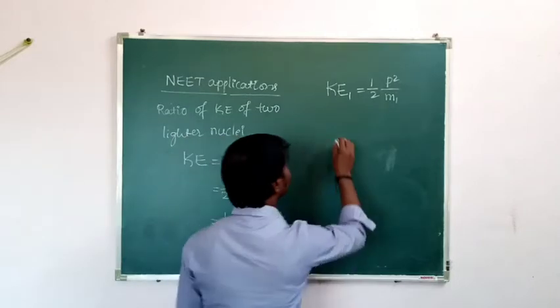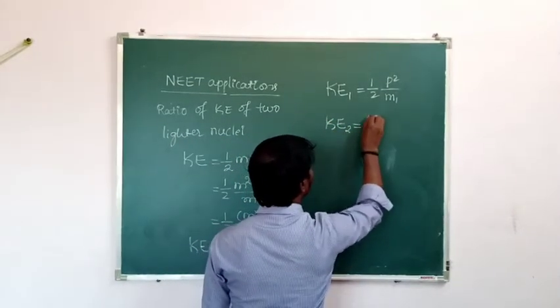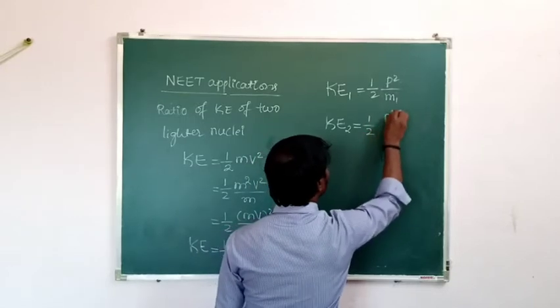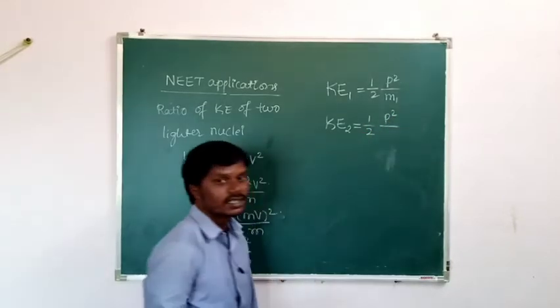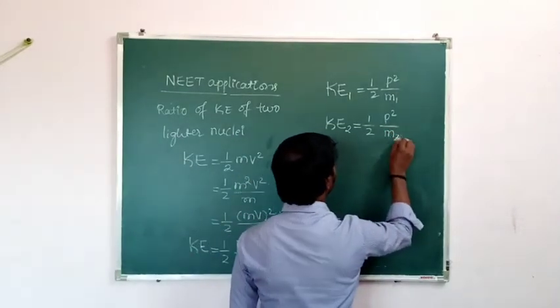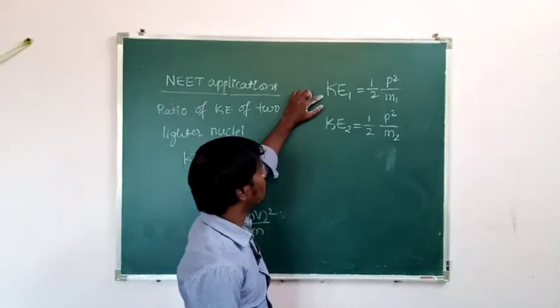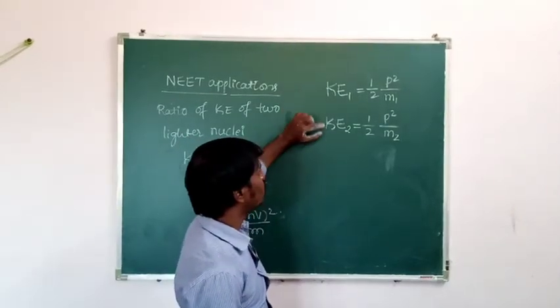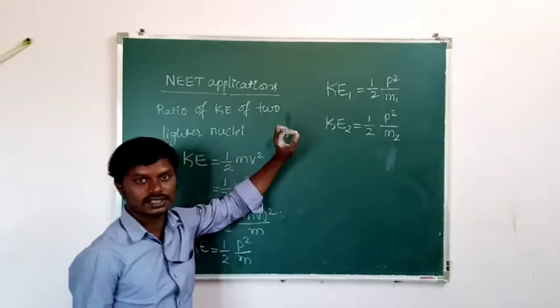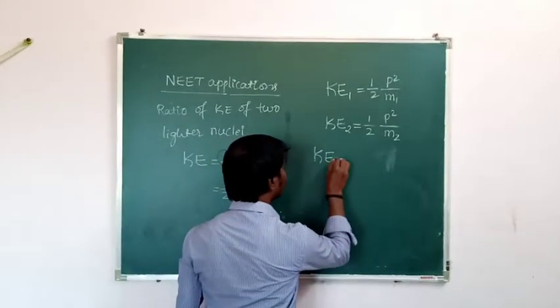Then the kinetic energy of the second lighter nucleus, Ke2, is equal to 1 by 2 p square divided by the mass of the second lighter nucleus, that is m2. And take the ratios. The ratio of kinetic energy of the first and second lighter nucleus, we are going to find Ke1 divided by Ke2.